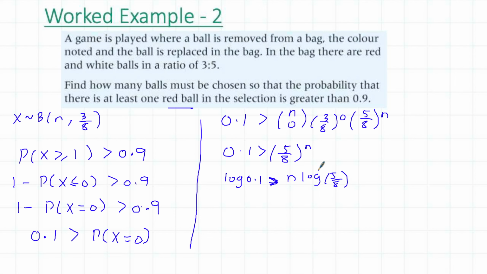Be careful that log 5/8 is a negative number, which means when I divide on the other side, the inequality is going to switch, and I end up with 4.899. So n has to be bigger than 4.899 as the number of trials. It has to be an integer, which means the smallest possible value it could take would be 5. And you can check your answer by substituting in.